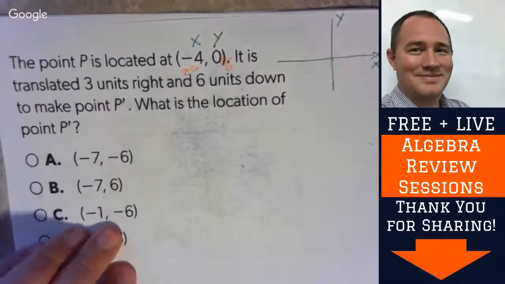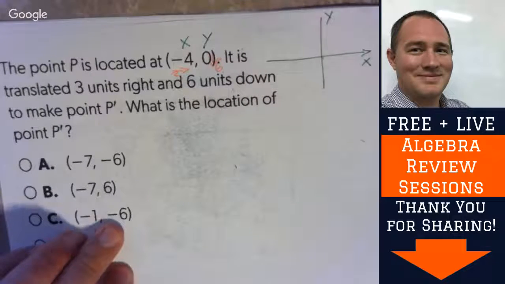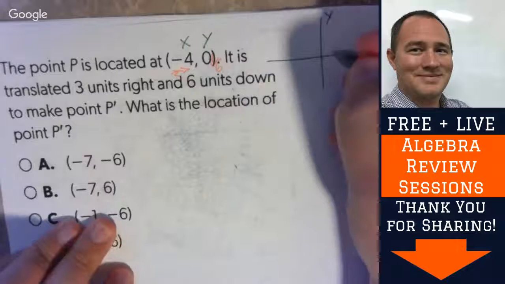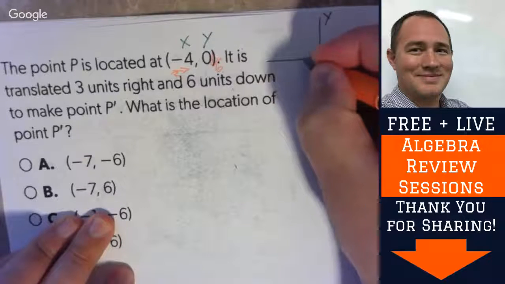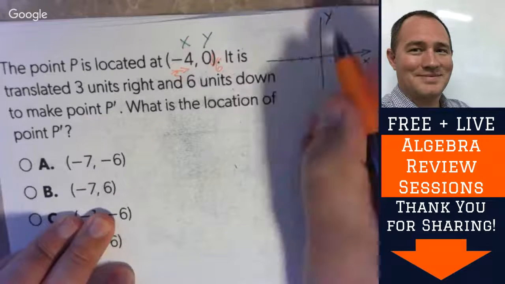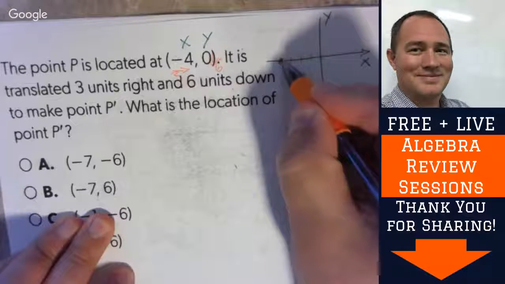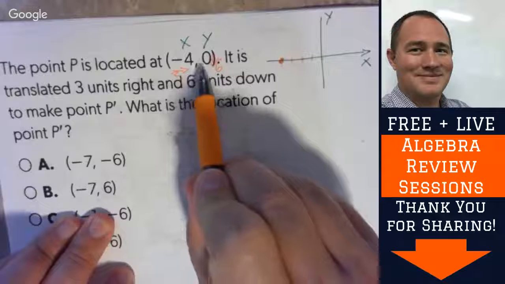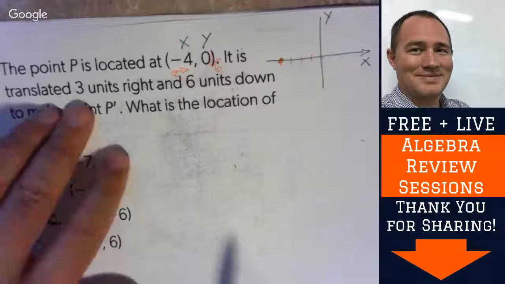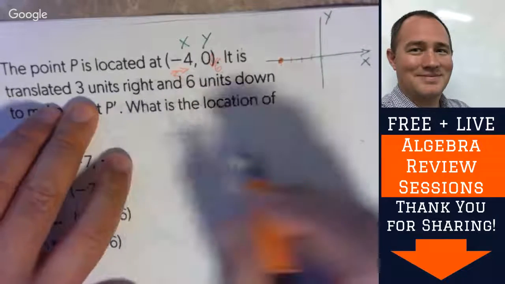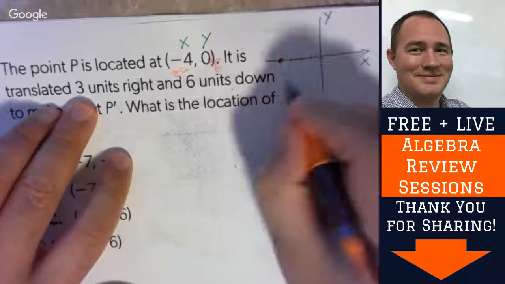So what this would actually look like is if our original spot was at -1, 2, 3, 4. So we're left 4, up and down 0. That would be our original point here. And if we go 3 units to the right and 6 units down, this is what it would look like.